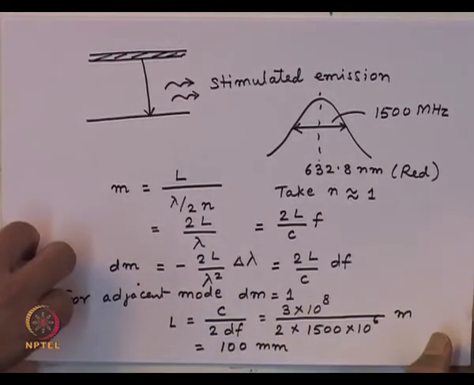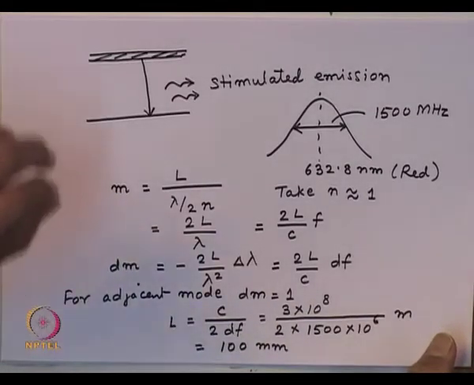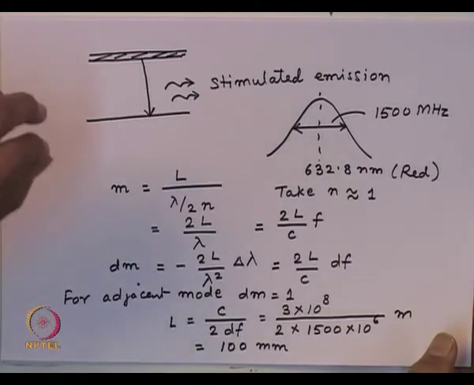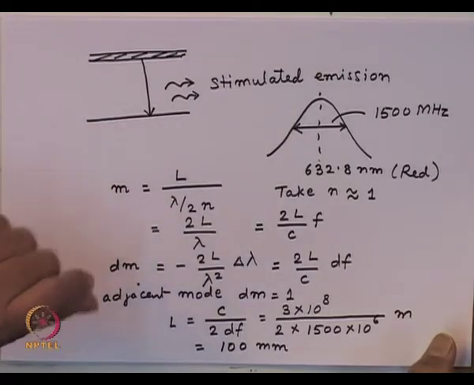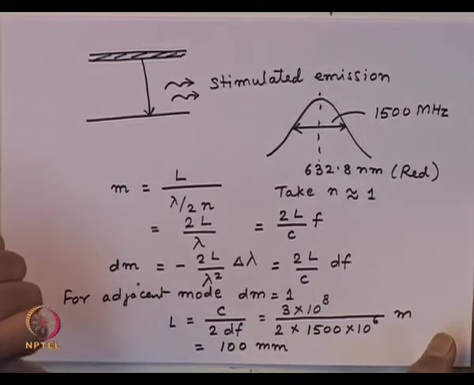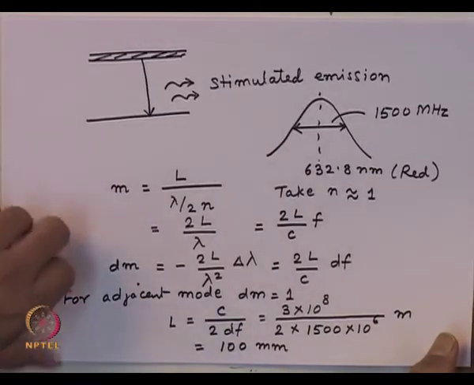So, now the question we are asking is how accurate the temperature should be maintained, so that we do not have a deviation in the frequency more than 10 to the power 8 hertz.